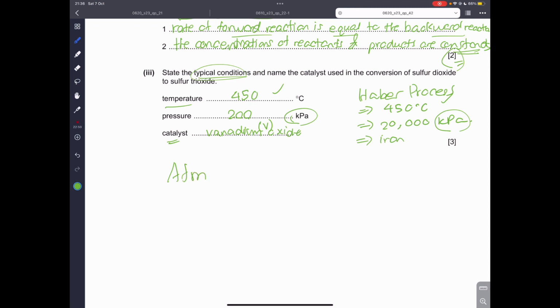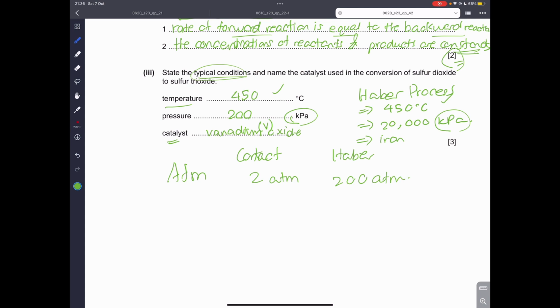For the contact process, we are going to use a pressure of 2 ATM, and for the Haber process we are going to use a pressure of 200 ATM, right?